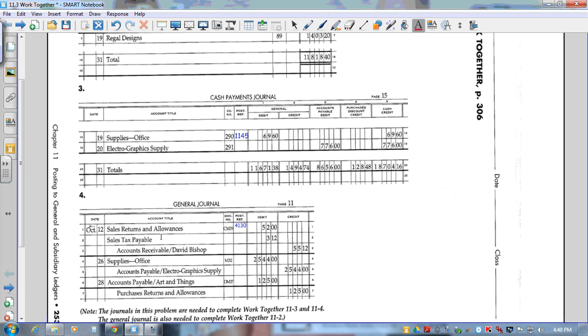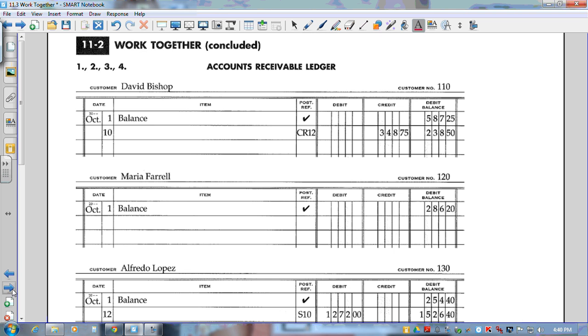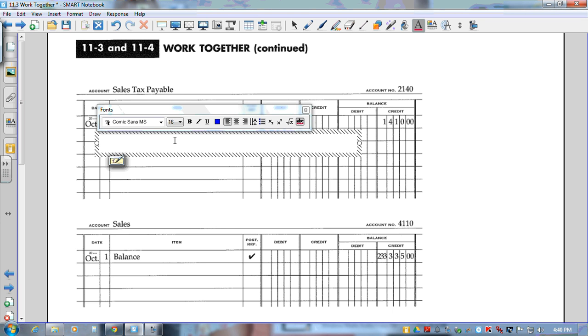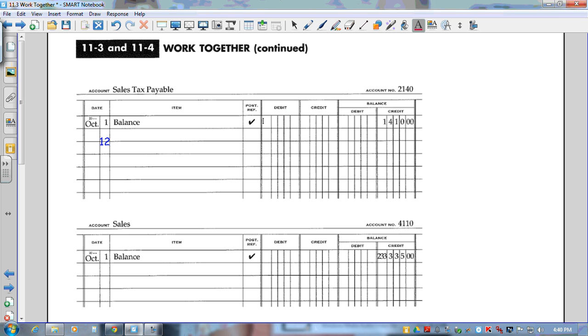Okay. Next, we have a sales tax payable, $3.12. Sales tax payable. The date is still the 12th. The post reference is going to be where did it come from?